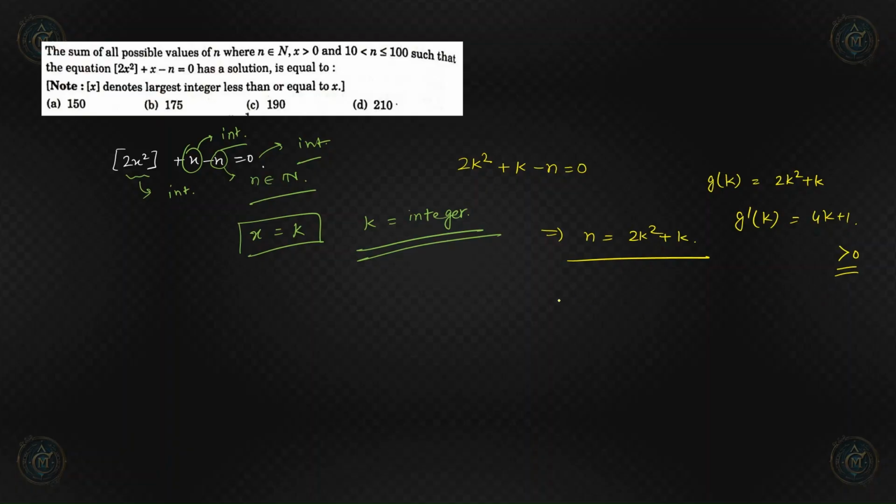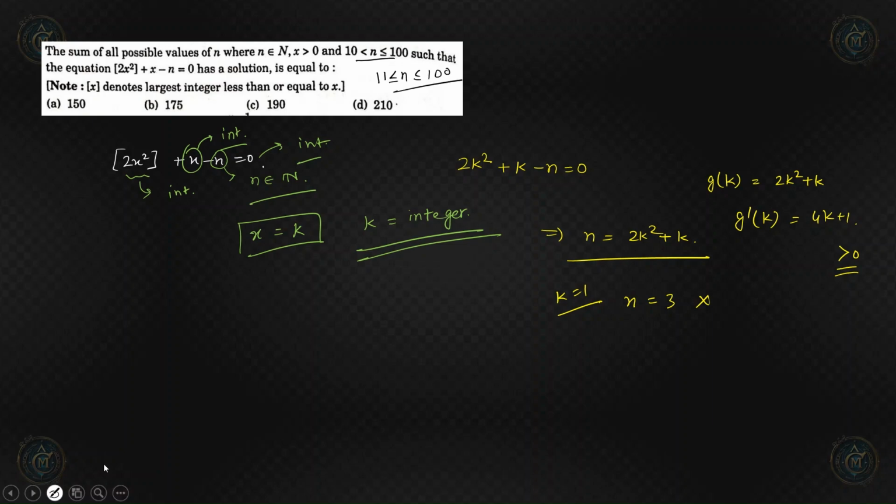So if we put k equal to 1, we get n equal to 3, right? This is not possible because we are starting n from 11, since 10 less than n less than or equal to 100 means 11 less than or equal to n less than or equal to 100.